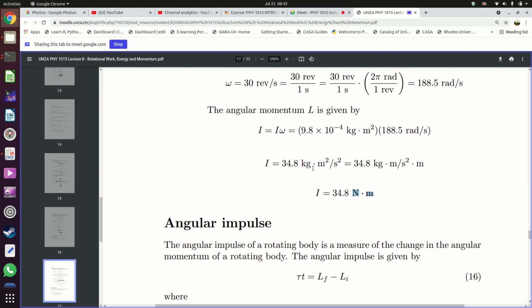What do we have? We've got radians this side, moment of inertia this side. What's with the units? Kg meter squared, then the second squared. So we end up having what? Kg.